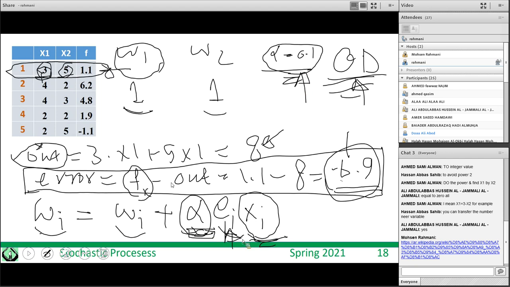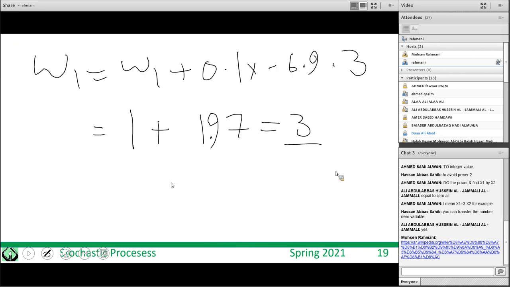E_i is the error of the output if I use 1 and 1 in this system. With the input 3, 5, we will get 8. So the error is the difference between 8 and 1.1, which is minus 6.9. So I modify W1.